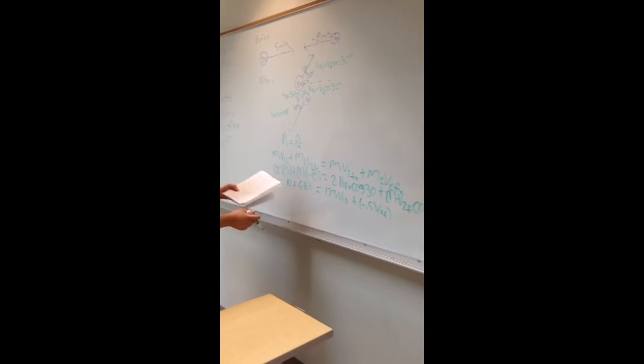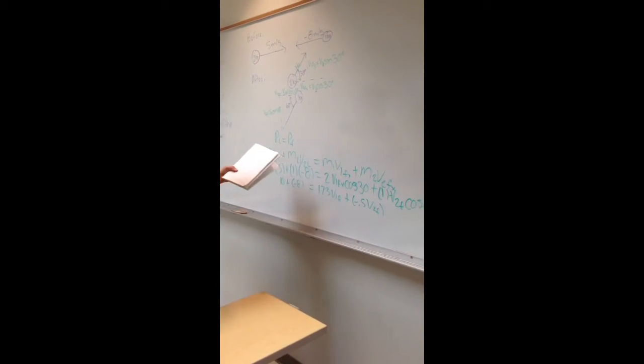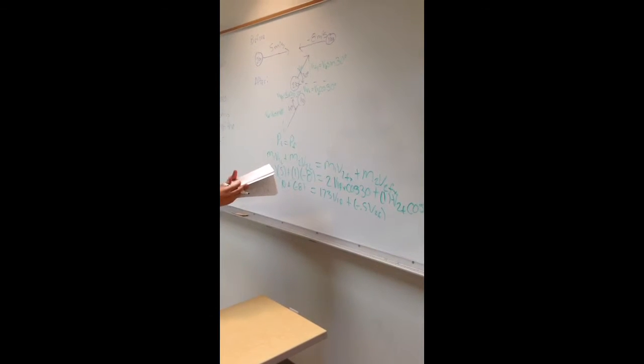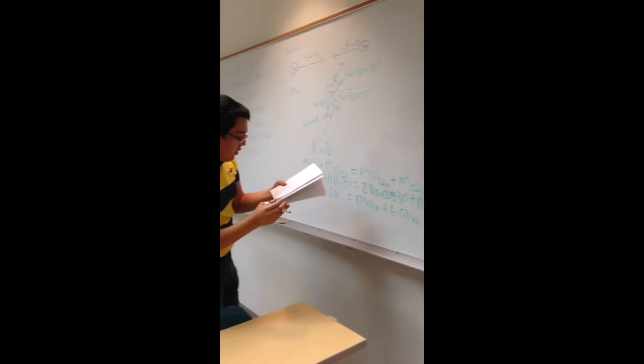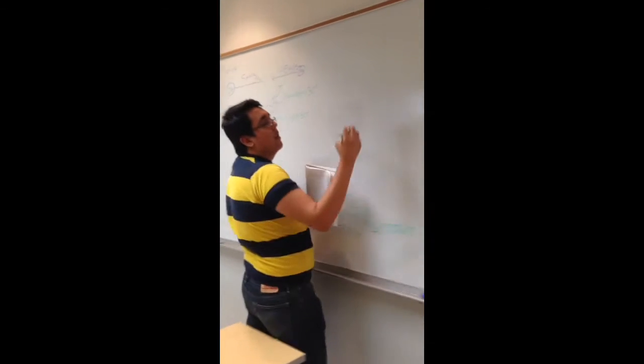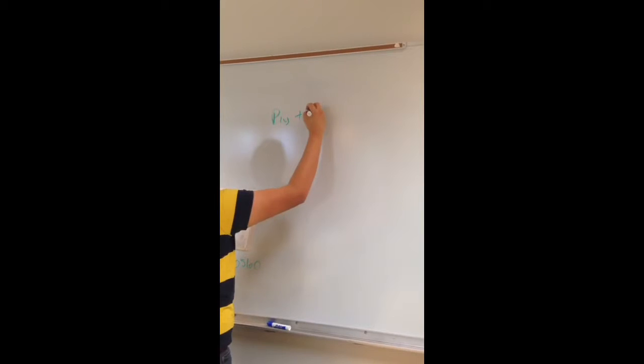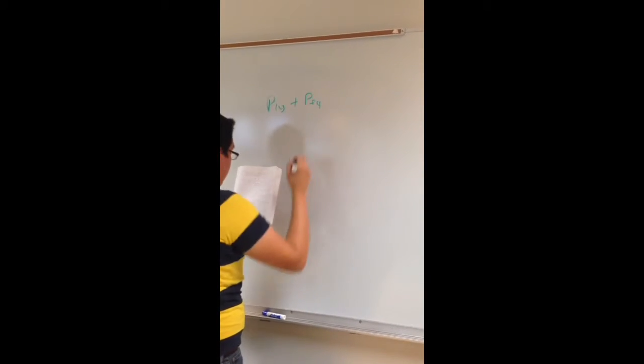So we have 2 different velocities and we don't know them. So now we have to use momentum initial on the y equals momentum final on the y.